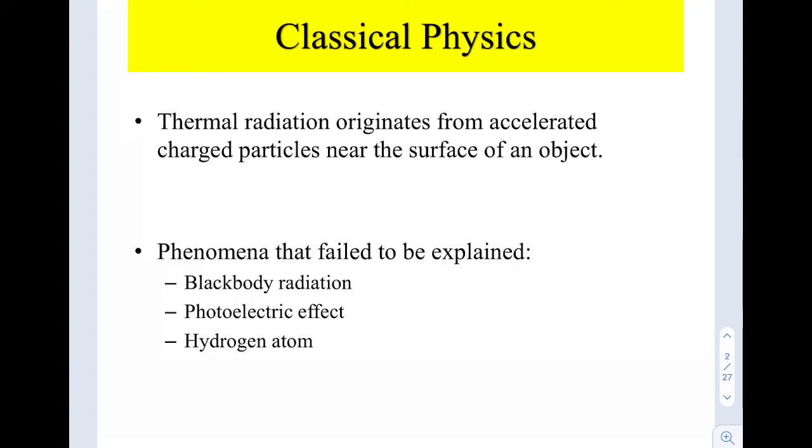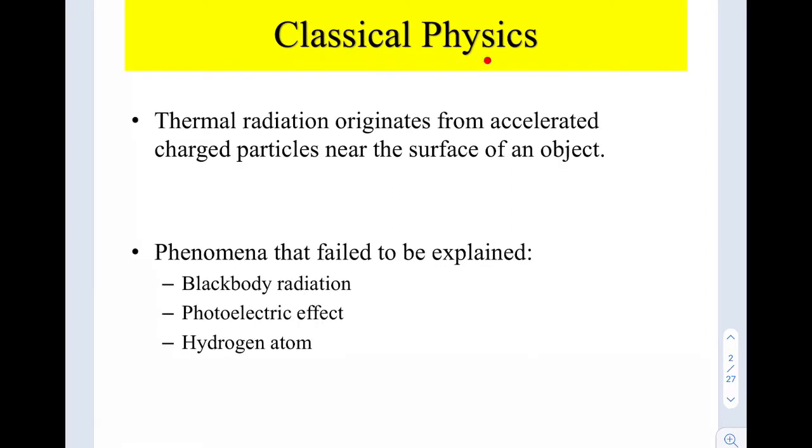There are a few phenomena that fail to be explained fully by classical physics. Some of the experiments are black body radiation, the photoelectric effect, and the hydrogen atom. The behavior and the findings of these experiments or phenomena failed to be explained by classical physics in full.